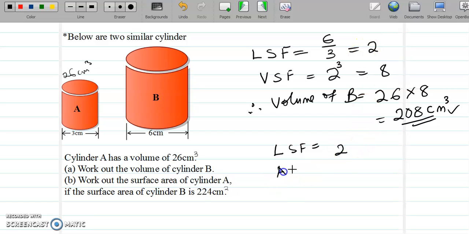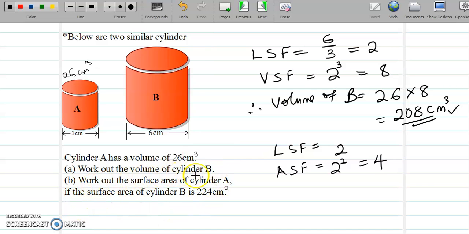Therefore, the area scale factor will be 2 squared, and 2 squared is 4. Now, we are asked to find the surface area of A, the small one, if the big one is this. To find the small one, we need to divide. If we want to find the big one, we need to multiply.